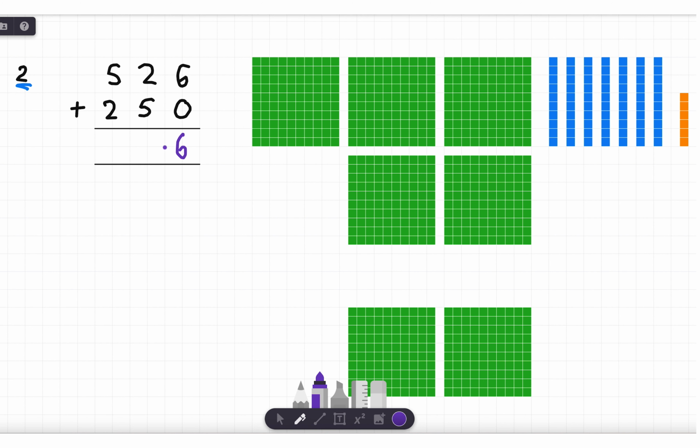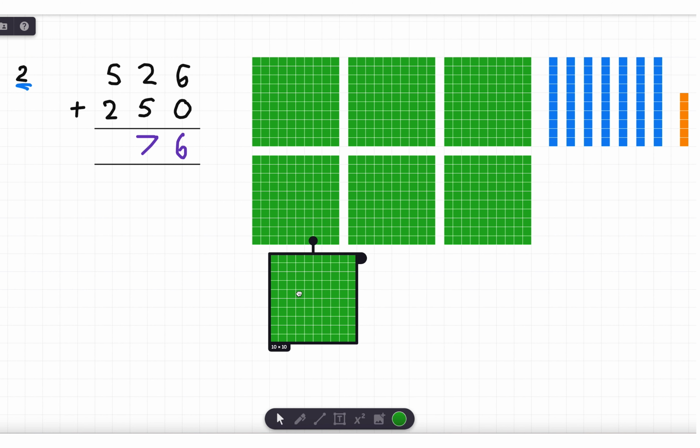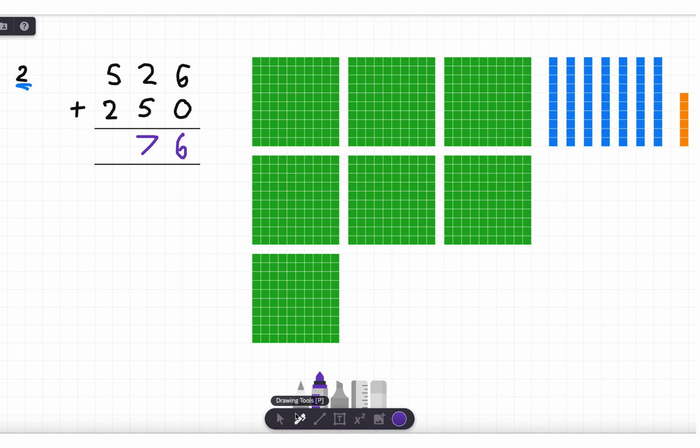Just need to fill it into the calculation. And we've got 5 hundreds plus 2 hundreds. So here's our 5 and our 2. 5 and 2 makes 7. So we have 7 hundreds in the hundreds column, or 7 in the hundreds column, giving us our total of 776. And you can see here with 700 and 7 tens, 70, and our 6 units still at the end.